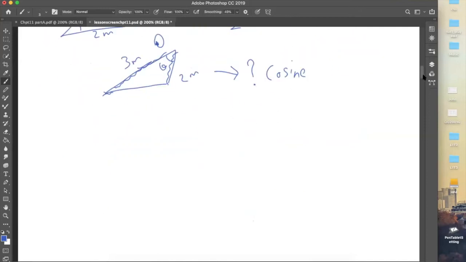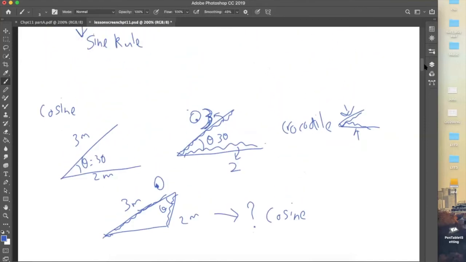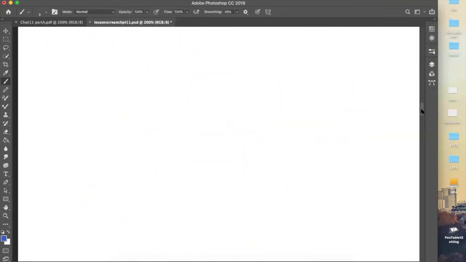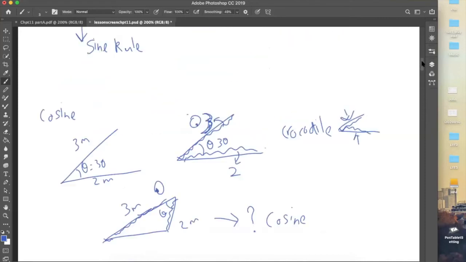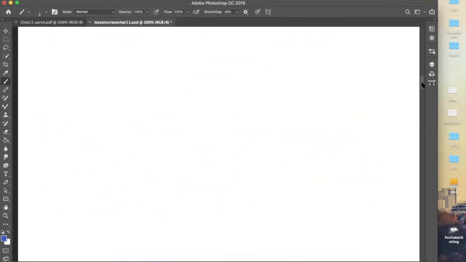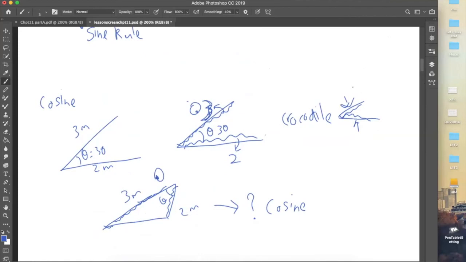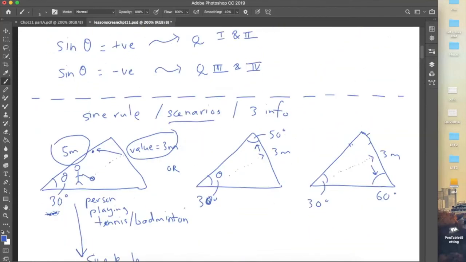Okay, I give you one more scenario. So we have two suggestions. It's just a suggestion. One is the crocodile, and one is playing tennis or badminton. So this fellow, his angle is here.